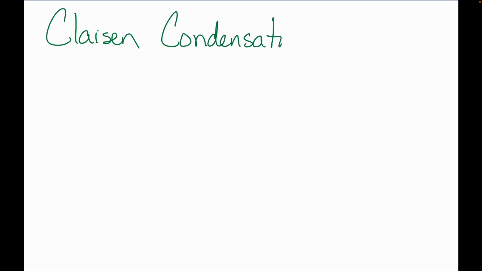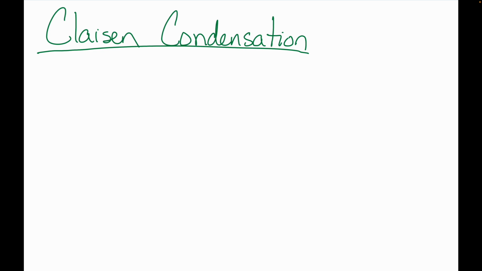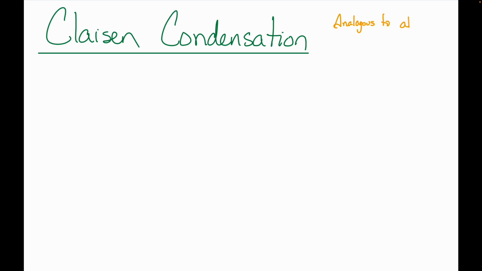Cool, so last thing we have to go over is a variation of these aldol addition reactions called a Claisen condensation. Even though it says it's a Claisen condensation, I'd just like to note that it's more analogous to an aldol addition reaction than it is an aldol condensation reaction.